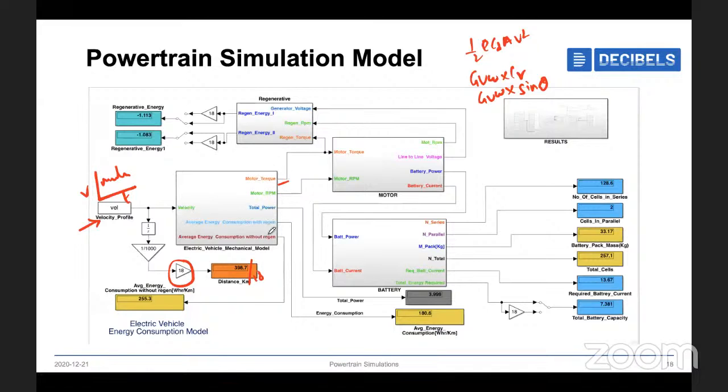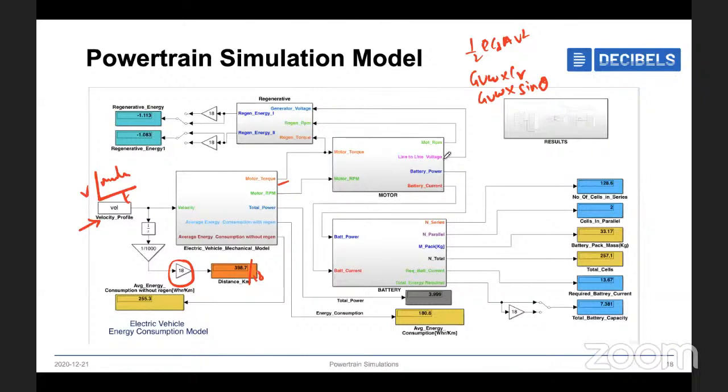Then I give these as inputs to the motor as motor torque and motor RPM. Here again I do some electrical conversions, because these are mechanical values and we have to convert them to voltage and current. There is an equivalent model where we can convert torque and RPM to voltage and current.